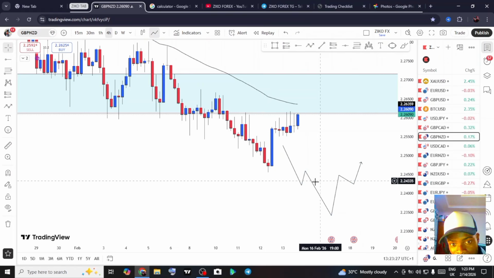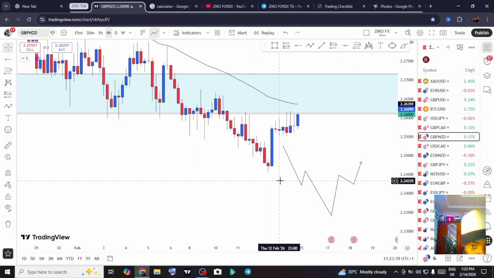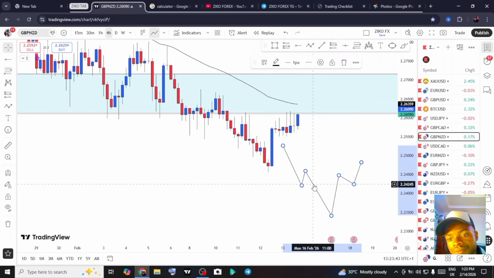As you can see from this, it was not so clean on the chart, but as I brought it down, you can see that this seems like a reversal pattern, like a left head right shoulder or inverted left head right shoulder, right? So I am not interested in selling this market this new week.